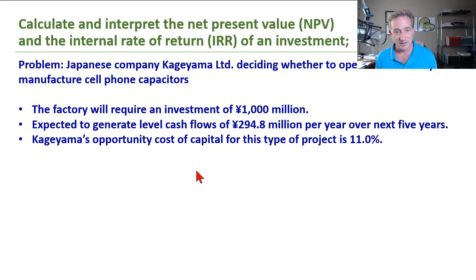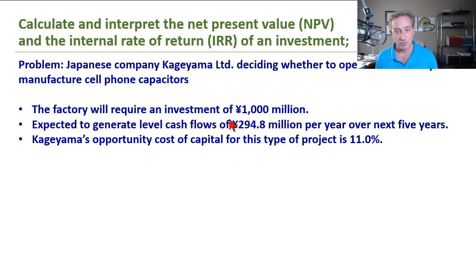Okay, so finally, I'll just finish with an example here, and I'll show you the problem. And one thing you can do is pause the video and see if you can work out the example with your calculator. And then I'll show you my answer, and I'll quickly do the answer with my calculator. So the problem here is Japanese company Kageyama is trying to decide whether to open a new factory to manufacture cell phone capacitors.